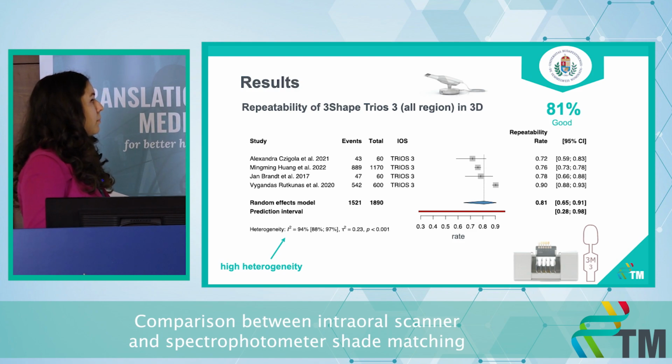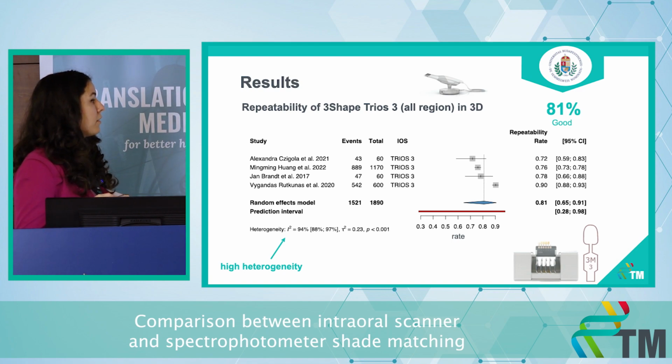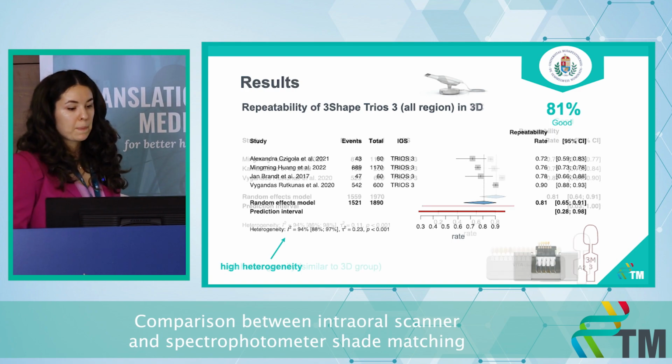In the repeatability part, it is also a percentage, but now we have better results with 81%, which can be a good repeatability with one IOS, and it is a very homogeneous population in the intervention group.